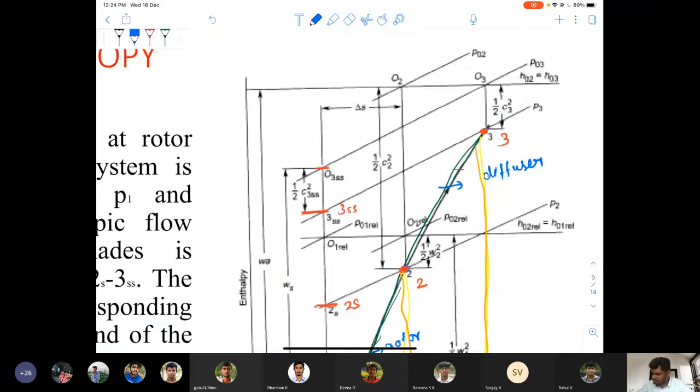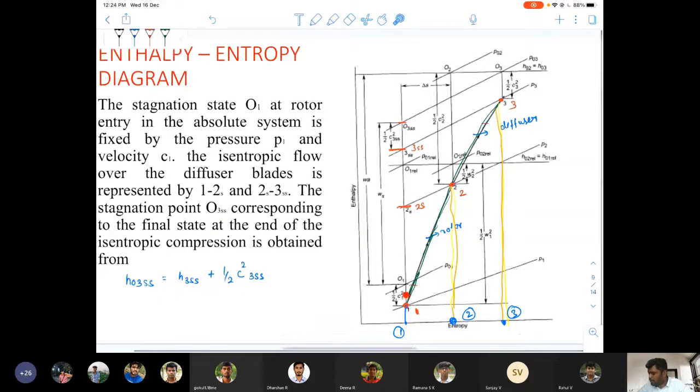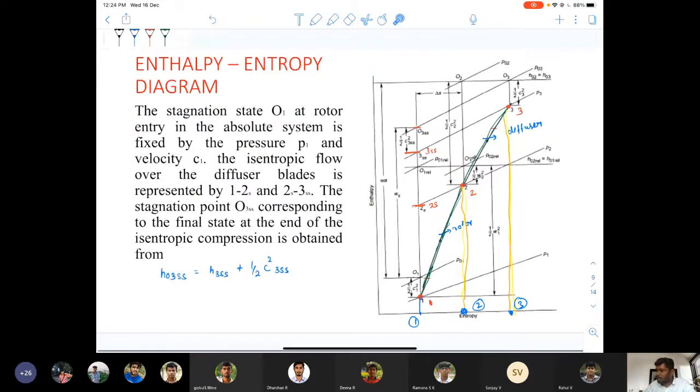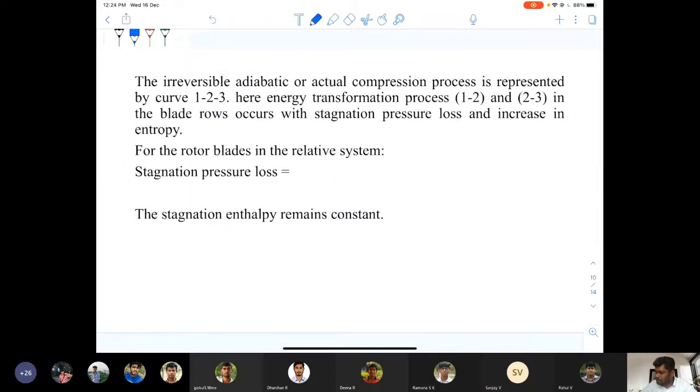That is, the stagnation pressure will be static pressure plus dynamic pressure. And you can see the dynamic pressure for P2 is much higher compared to points 3 and 1. Therefore, it continuously starts decreasing. Therefore, P02 will be greater than P03, which will be greater than P04.